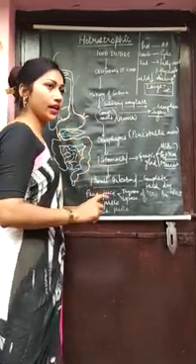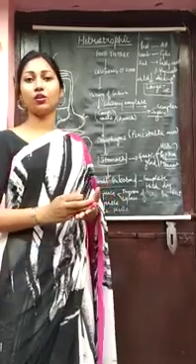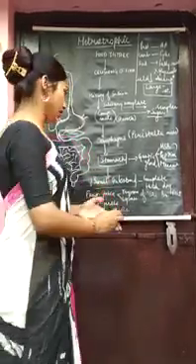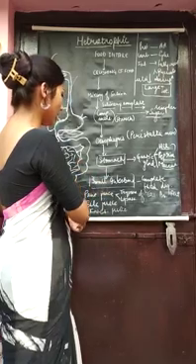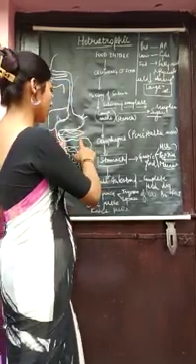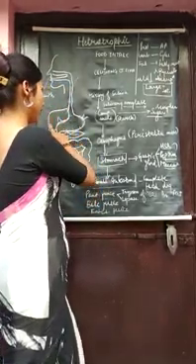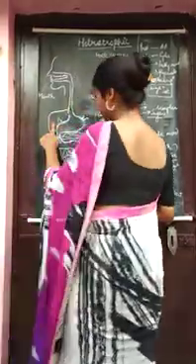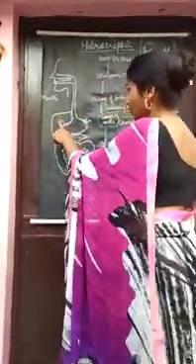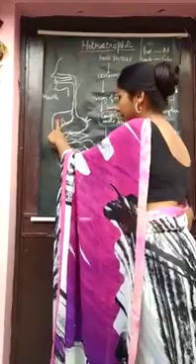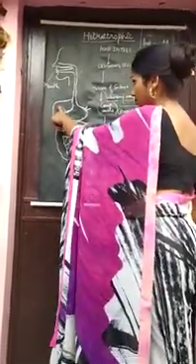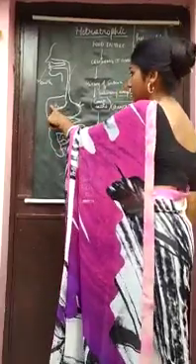This small intestine is actually the longest part of the alimentary canal. In this small intestine, so many juices come, from the liver and the pancreas.